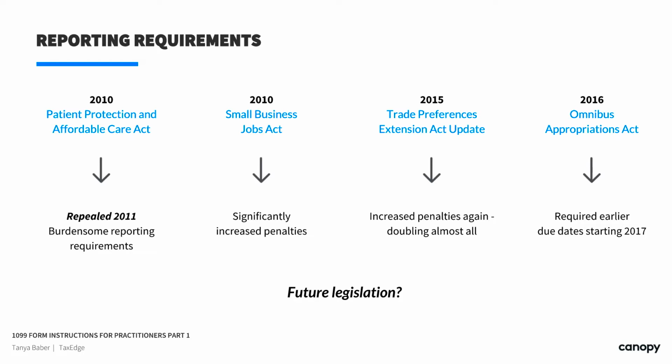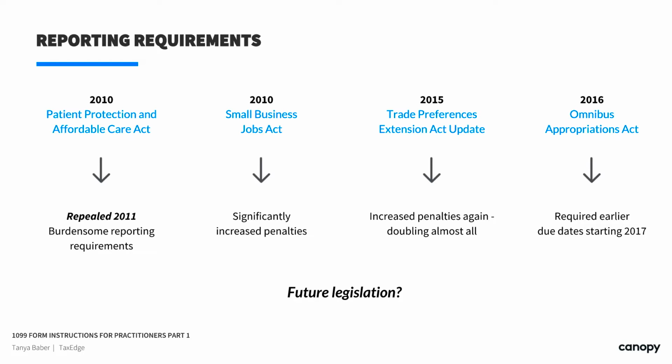At the same time in 2010, there was a Small Business Jobs Act. Its idea was, if we significantly increase those penalties, that's going to force compliance. And that's really the idea behind penalties anyway, to try to force compliance by making it worse and worse for somebody who doesn't comply. So that was the one that really increased the penalties. In 2015, we had a Trade Preferences Extension Act update, which was kind of a non-tax bill, yet it did impose some differences.